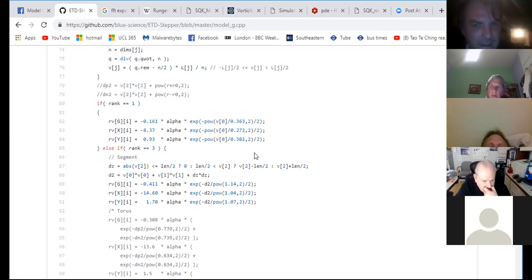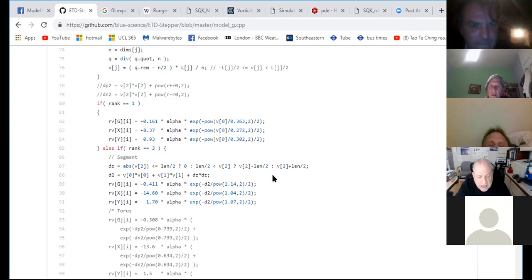The torus is out, so we can ignore the torus. That's all commented out. But it does the segment first, then it does the 3-dimensional thing, then it does the 2-dimensional thing. And it may be that if you don't want to solve in three dimensions, you comment out that 3D part, and then you're just left with the 2D. If you just want to do, I think, 1D, maybe you just use this segment piece.